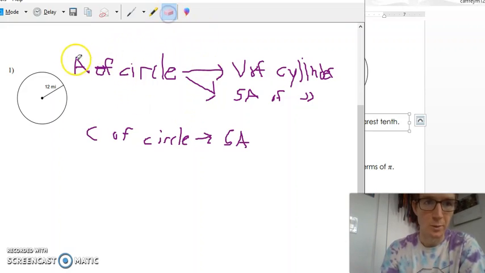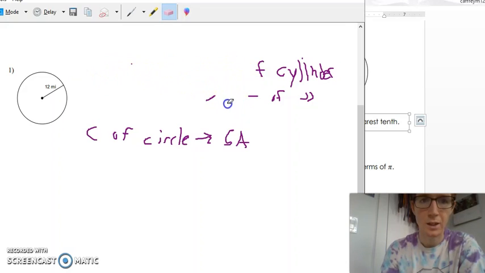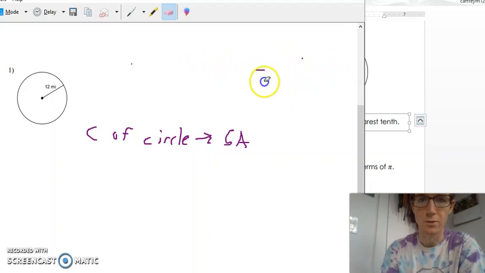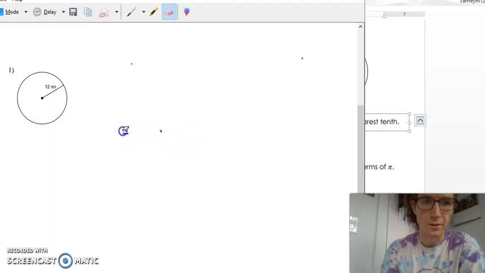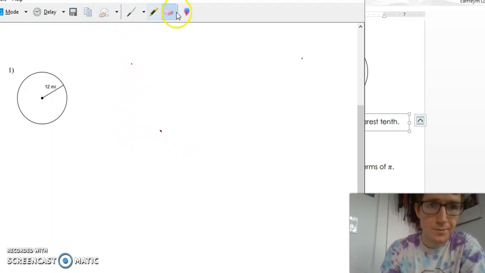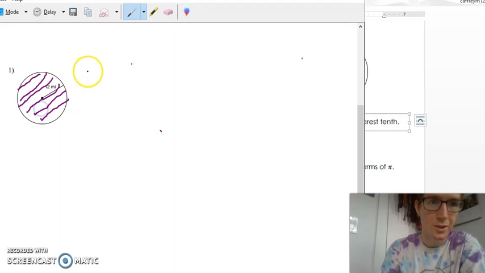I'm going to erase it so I have a little bit more room, but you can go back. Okay. That's good enough. All right. So remember, area is basically how much does this thing cover. So the area of a circle is equal to pi r squared.